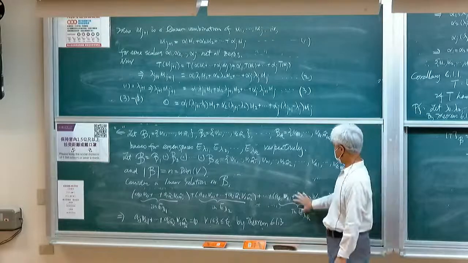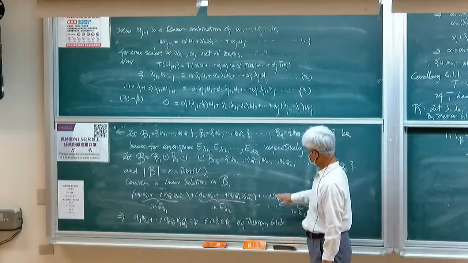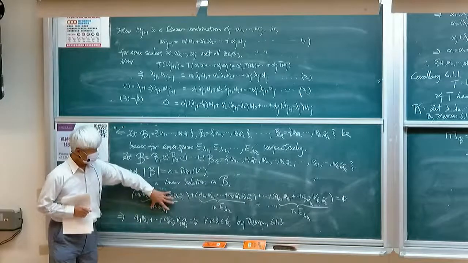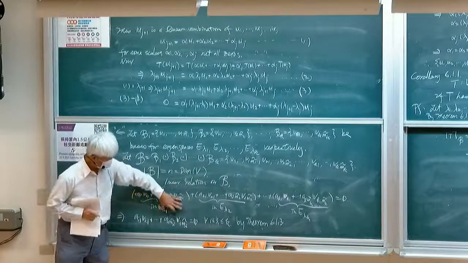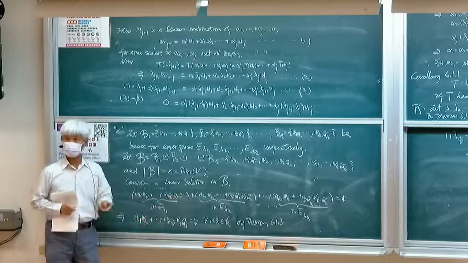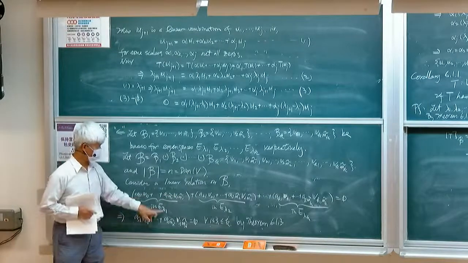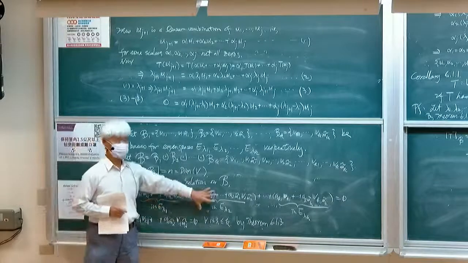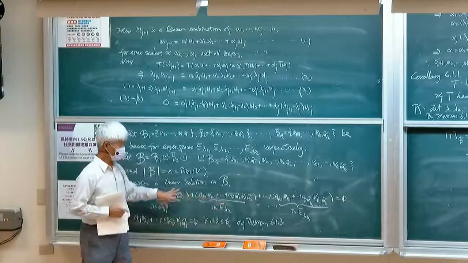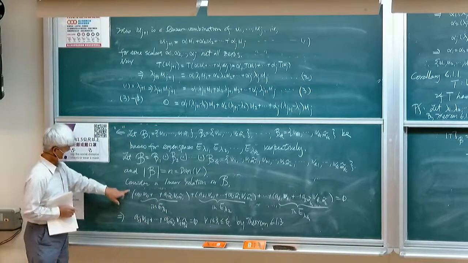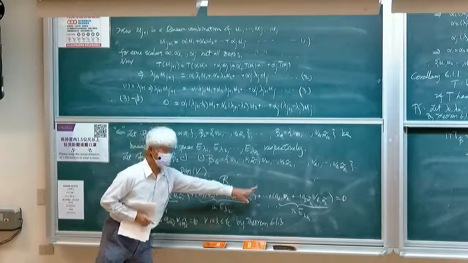Because if any of them is non-zero, then this linear combination becomes an eigenvector corresponding to eigenvalue lambda i, and you will have a non-trivial linear relation. Why? Because all the coefficients are 1.